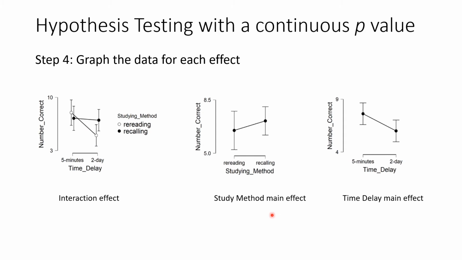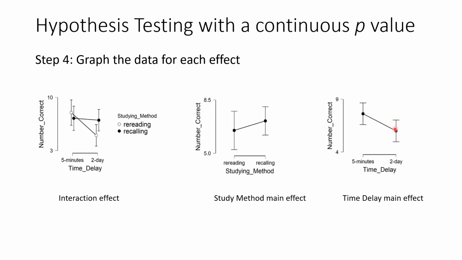Now, when we come over here to look at the main effect of study method, these points are marginal means, and it looks like there's a lot of overlap between these confidence intervals, so I would not expect a very compelling p-value here. When we look at the main effect of time delay, it looks like there's perhaps a chance of a more compelling p-value here.